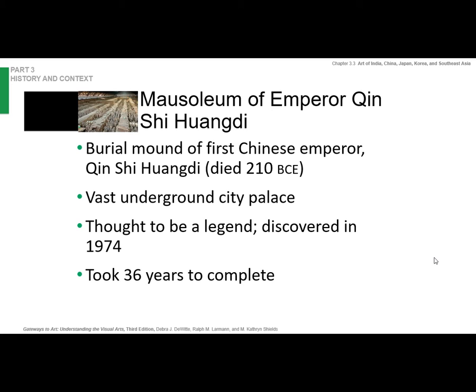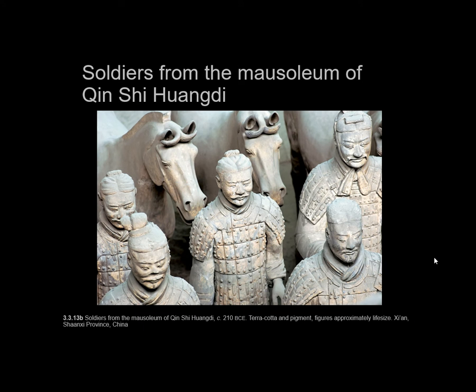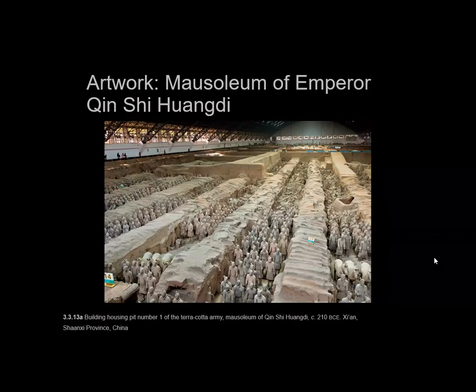Took them 36 years to make all of these because every single soldier is life-size and unique. So they did these casts of real people, sort of pieced them all together, and of course they have their horses with them. And they are there to protect the emperor in his afterlife.